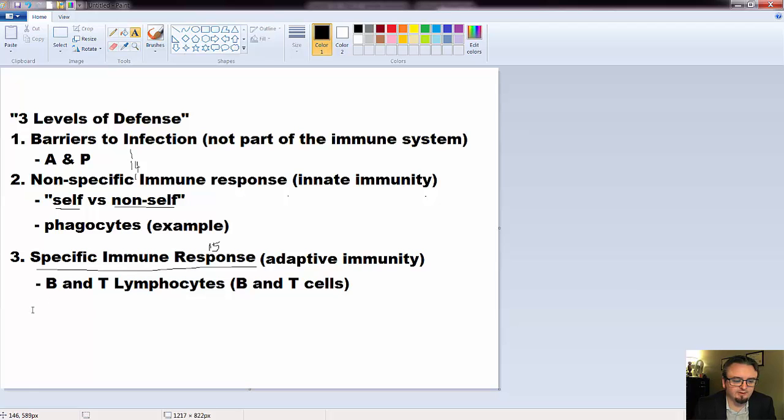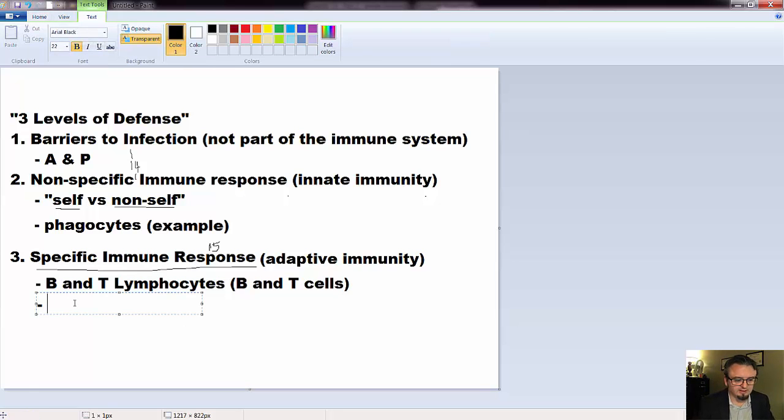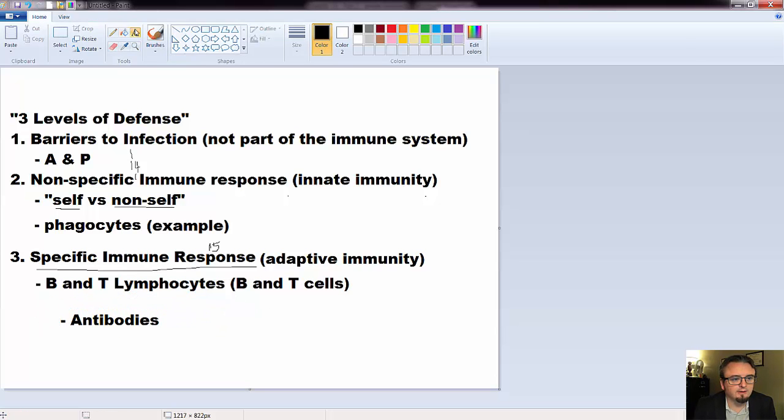The other part of this are what are called antibodies. Antibodies are little protein molecules that are actually produced specifically by the B lymphocytes themselves. So these are the two cell types involved, and the B cells produce these acellular molecules called antibodies.